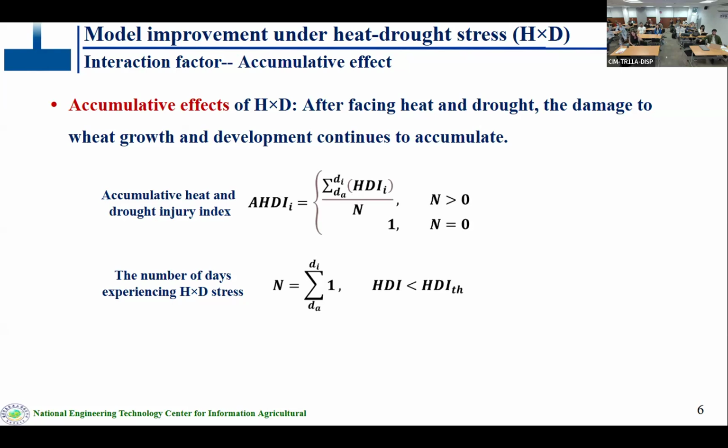Here we set a threshold, HDI TH. If the HDI is less than the threshold, we consider it a drought state, and then we calculate the AHDI using this formula. Finally, we get an FHD, which can quantify the current and the previous stress effect.